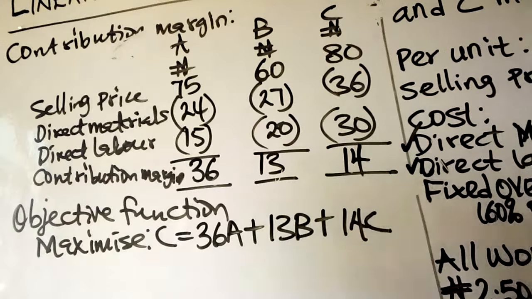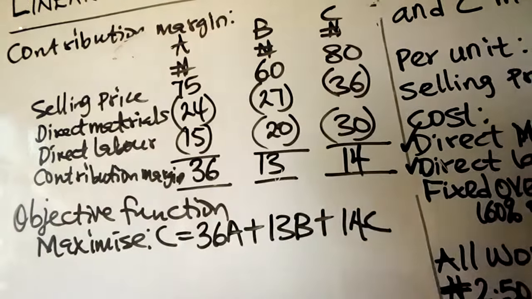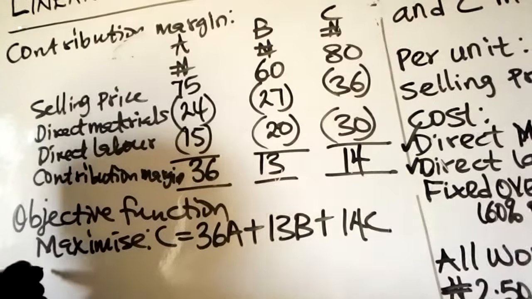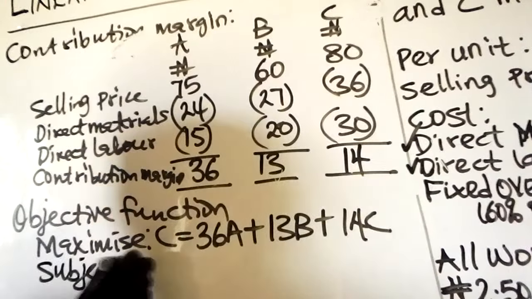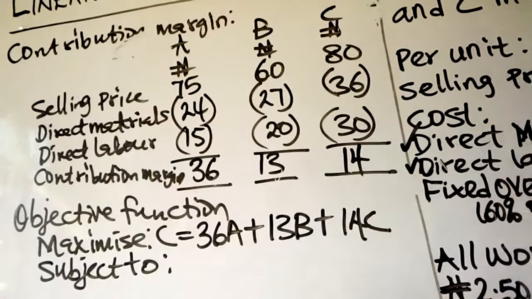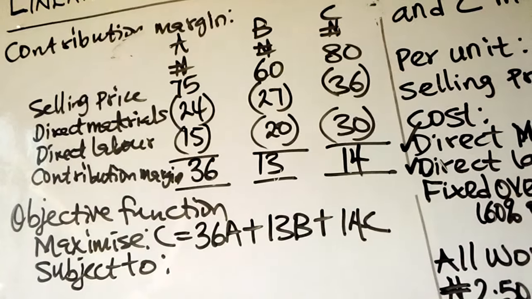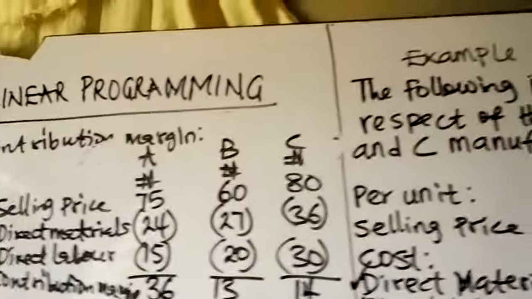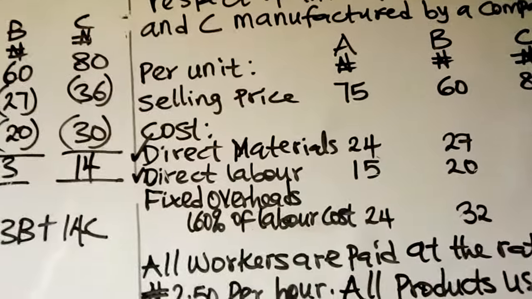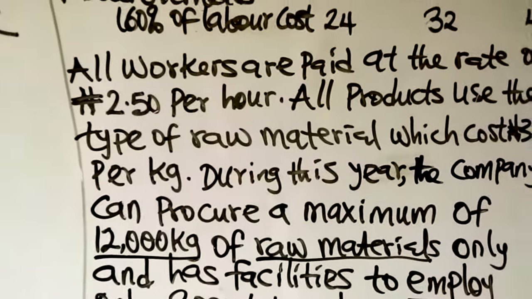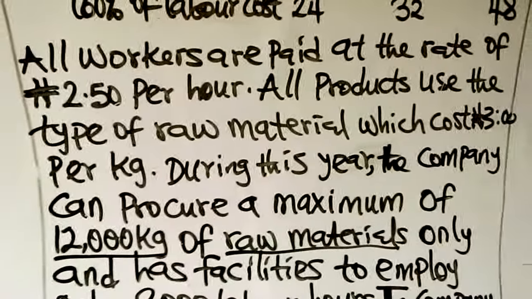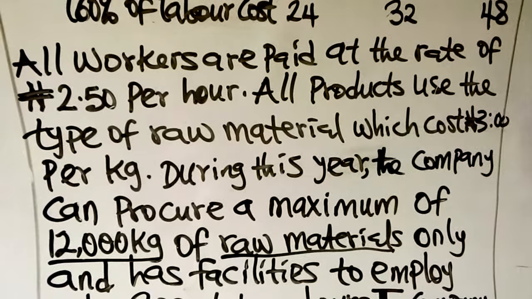After the objective function, the next step is to formulate the constraints. To formulate your constraint, you put subject to. Now you go back to the question. When we're reading the question, we've identified two possible constraints of the organization.